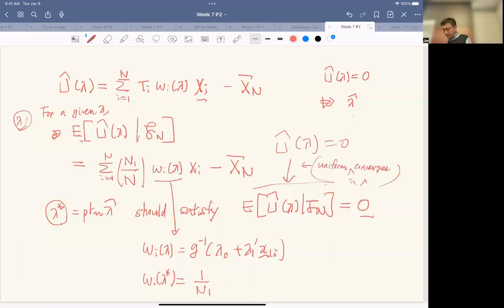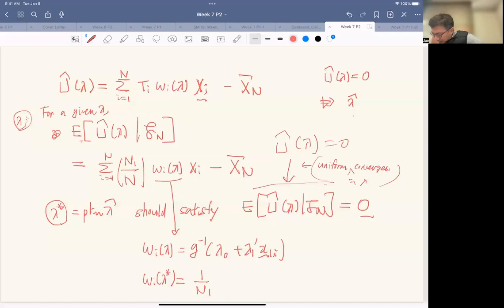So one choice is lambda_1 equal to 0, so that it cannot really depend on x_i, if the inverse exists one-to-one.